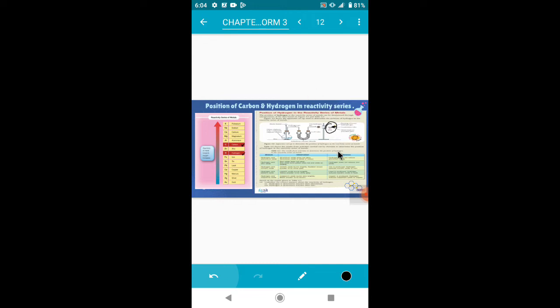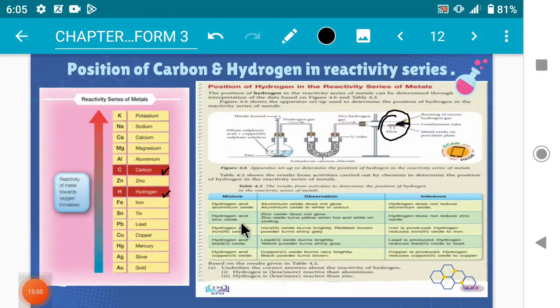For example, the first statement, hydrogen and aluminum oxide. The aluminum oxide does not glow. Aluminum oxide is white in color. What does it mean? It means that the hydrogen does not reduce the aluminum oxide.